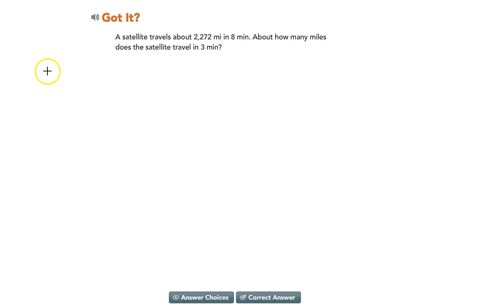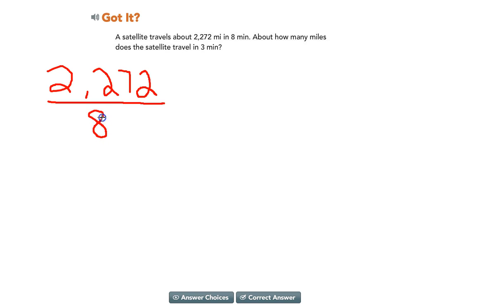Okay, so first you have to set up your ratio. So it's 2,272 miles in 8 minutes. In order to find out how many miles a satellite travels in 1 minute, I'm going to divide both numbers by 8.